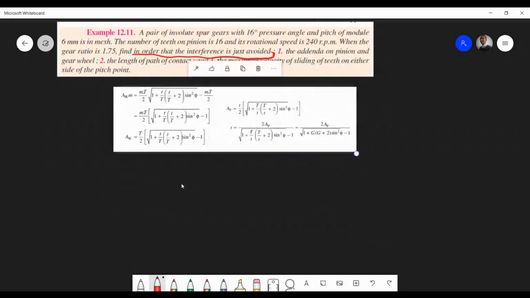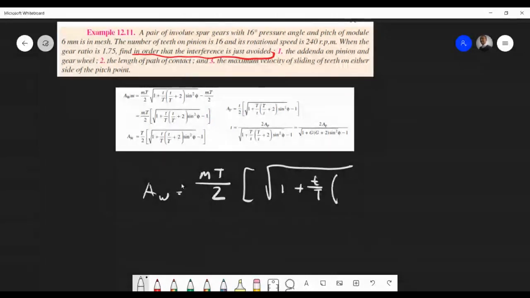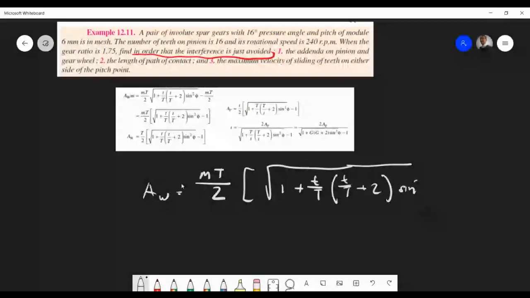First, let's find the addendum on the wheel, the big one. We've got a formula: M over 1 plus small t over big T, bracket small t, plus 2, squared, minus 1, over sine squared theta, minus 1 over there.